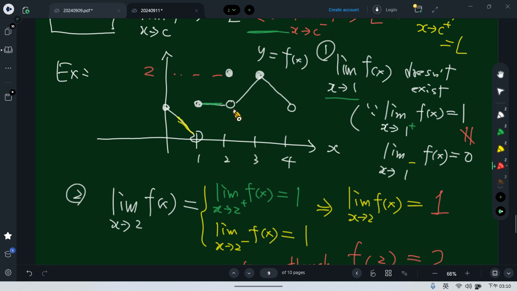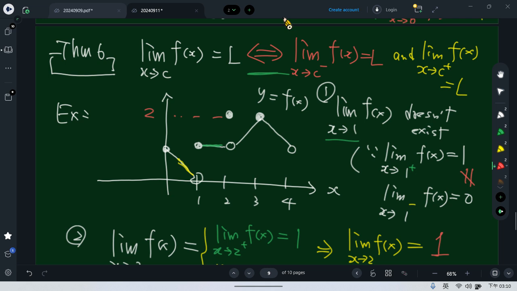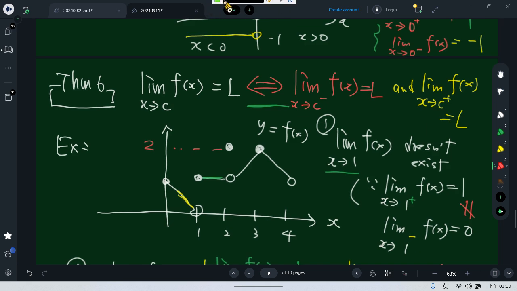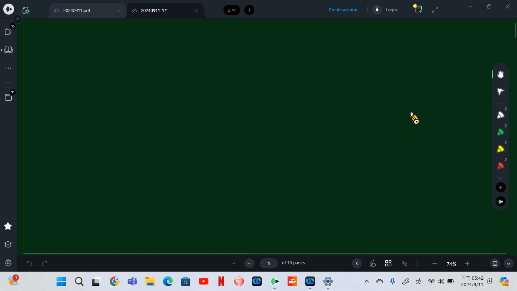If they are different, we will say it's discontinuous. But if they match, they are the same, then we will say it is continuous at this point. Okay, so let's just stop here. Due to the time constraint, this time I may not give you any example.